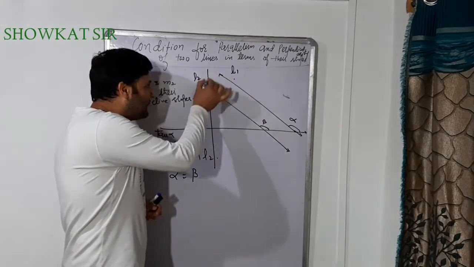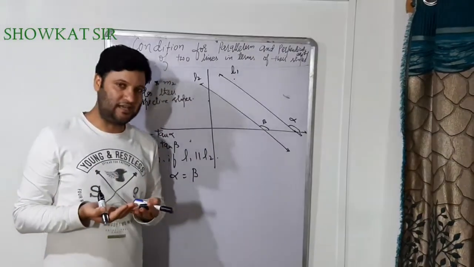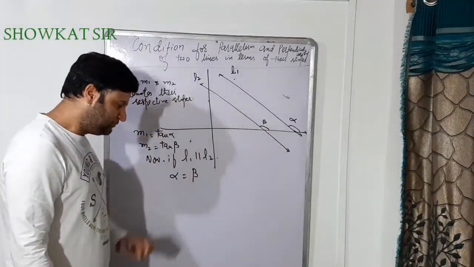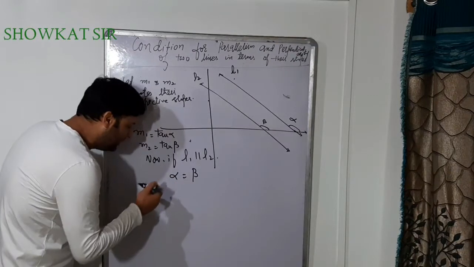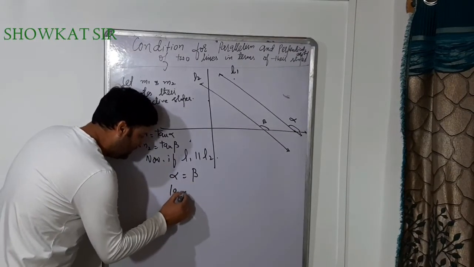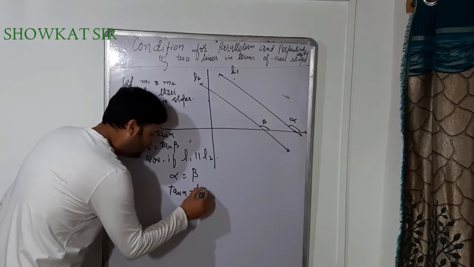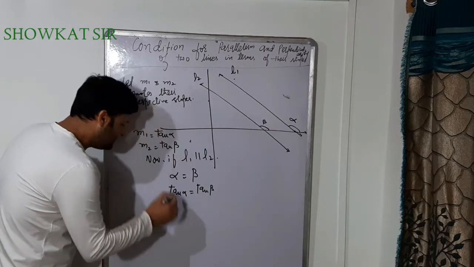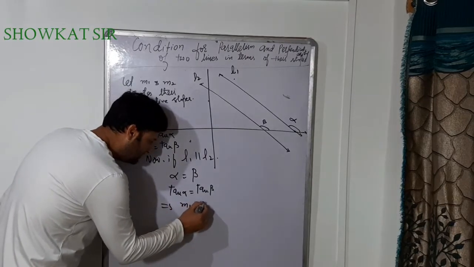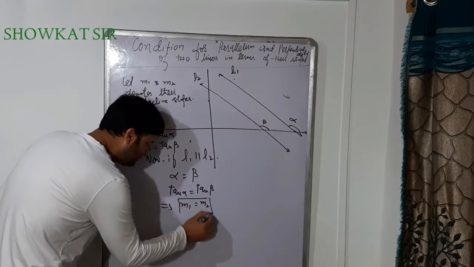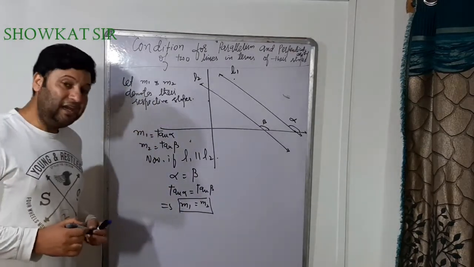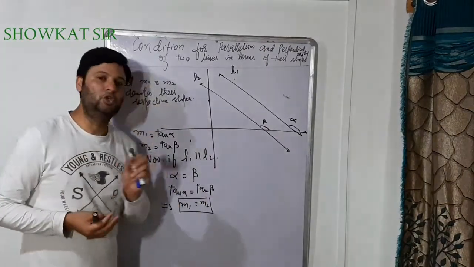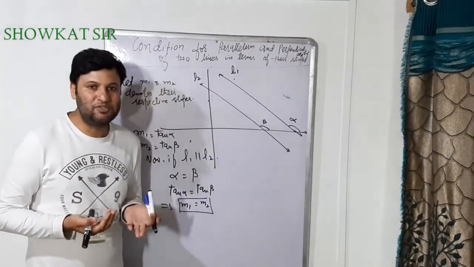Now if L1 is parallel to L2, then their inclinations are same, so it means alpha is equal to beta. Okay, dear? When two angles are equal, it means their trigonometric tan is also equal. Therefore, tan alpha is equal to tan beta. So this implies tan alpha is M1. So M1 is equal to M2. So it means when two lines are parallel, then their slopes are equal.